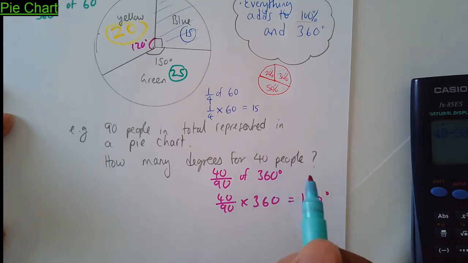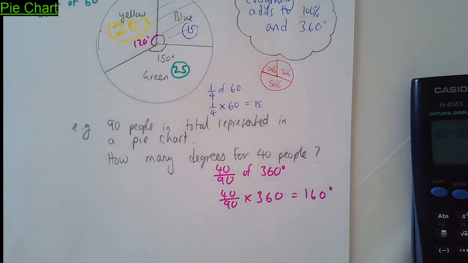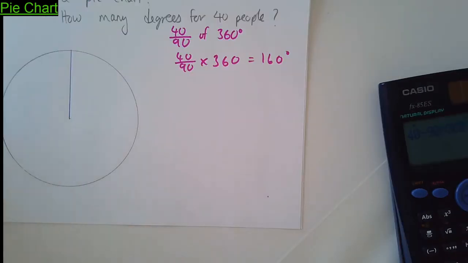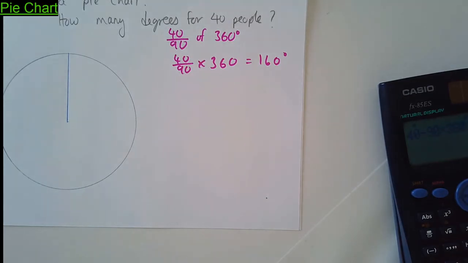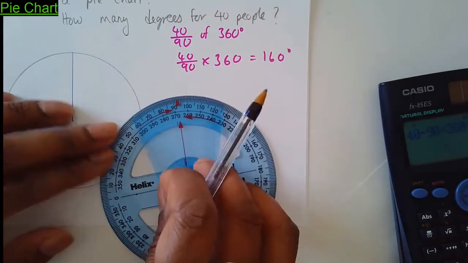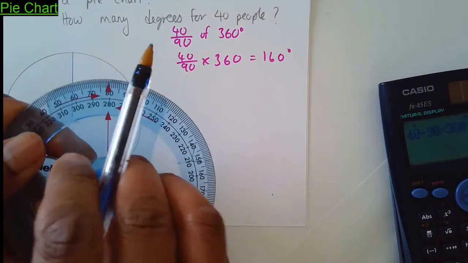40 people will be represented on the pie chart by a sector that is 160 degrees. If I want to represent 160 degrees on the pie chart, what I do is, just ignore this thing that turns.